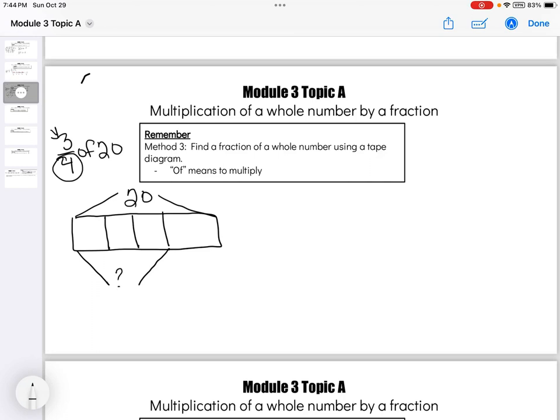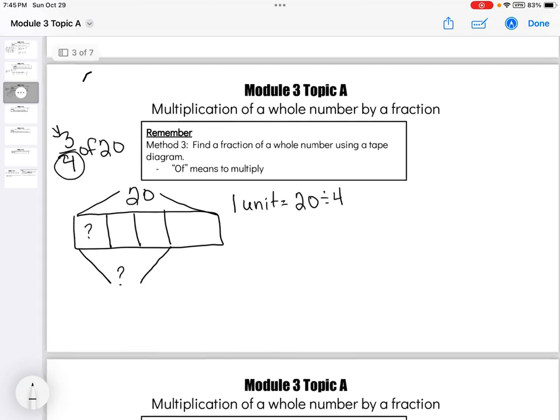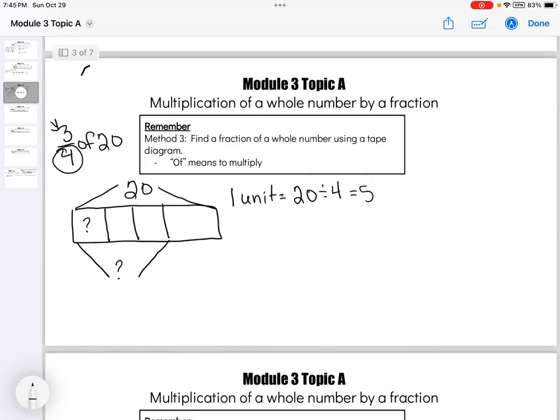Before I can do anything else, I need to find the value of just one of these units. So I would write on the side, 1 unit is equal to 20 divided by 4. I know that that answer is 5. So every single one of these units has a value of 5.